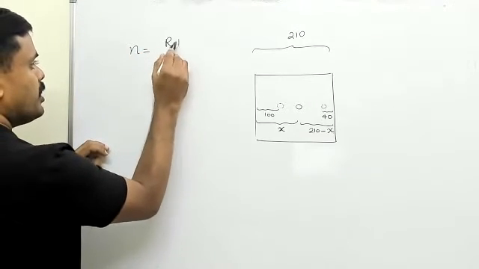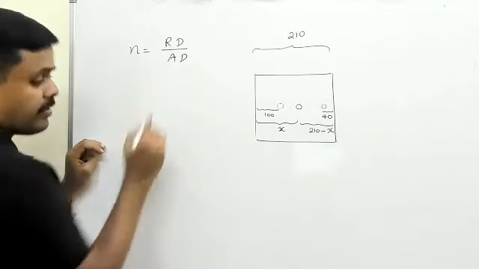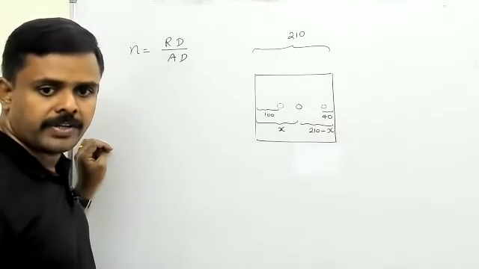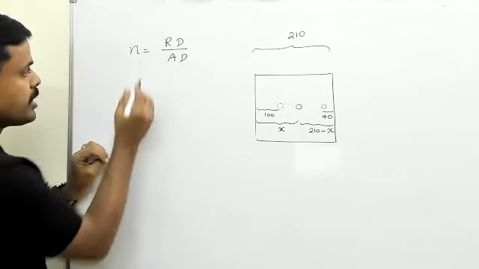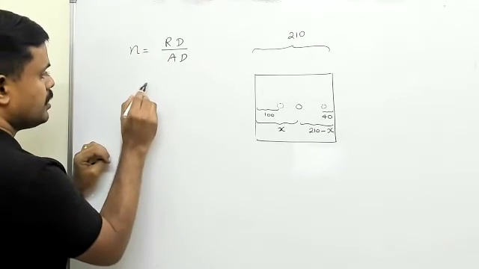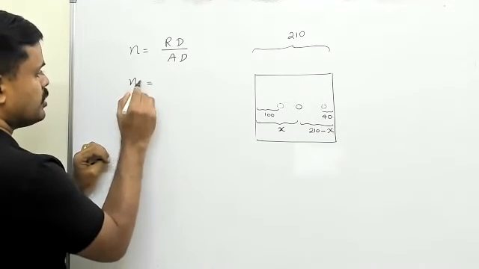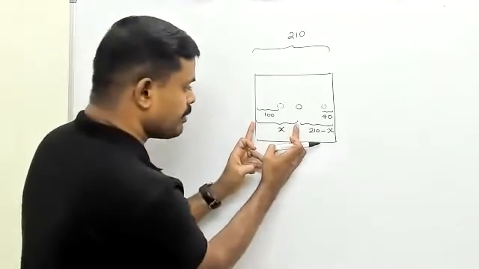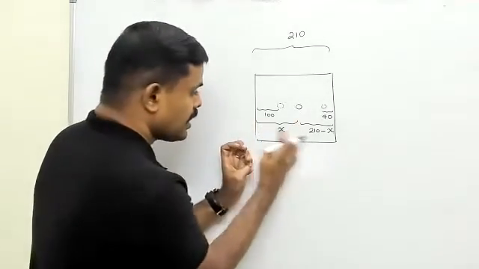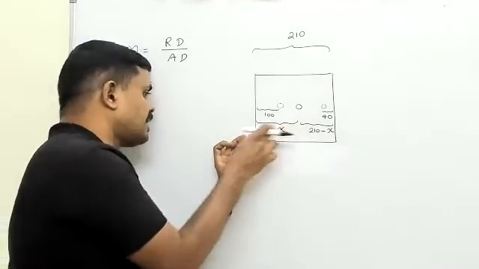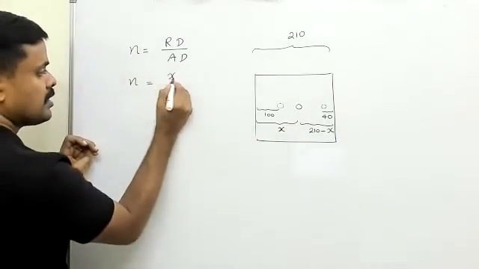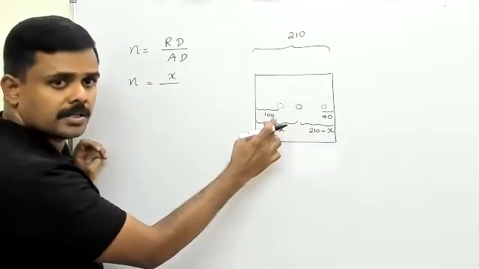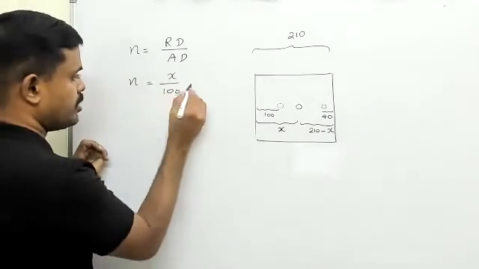Refractive index is the ratio of real depth to apparent depth. So n is equal to real depth from the first surface, which I have assumed to be x, divided by the apparent depth, which is 100. You can keep it in millimeters.